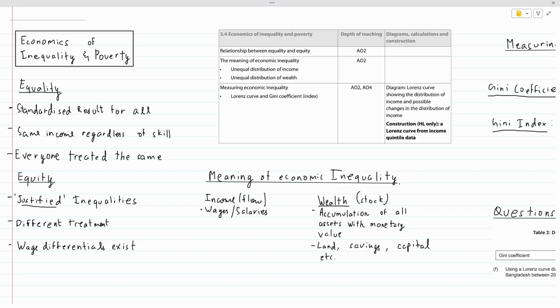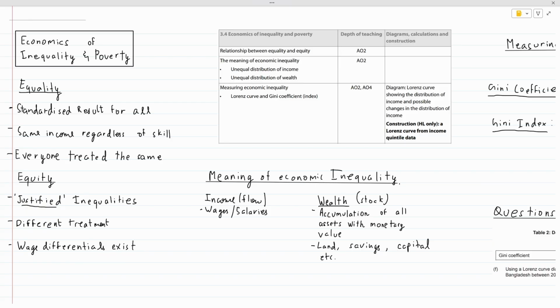Now, when we talk about equity, it's easier to look at it by thinking about the idea of fairness, where we look at justified inequalities. So, looking at the examples I just gave, if somebody were to work harder, maybe earn a 4 year college degree, or go to some trade school and learn some important skill and provide a higher value to society, they would obviously end up earning a larger income.